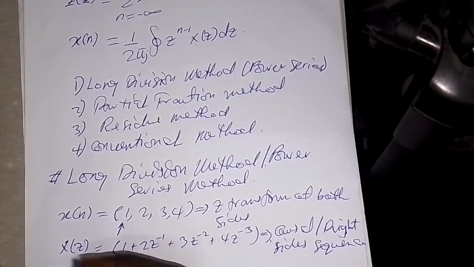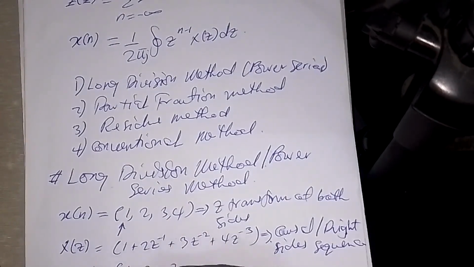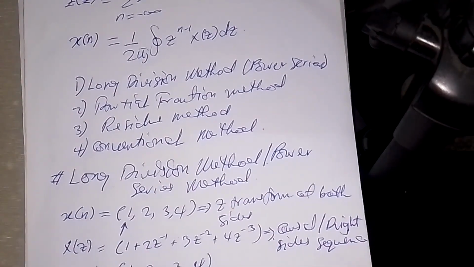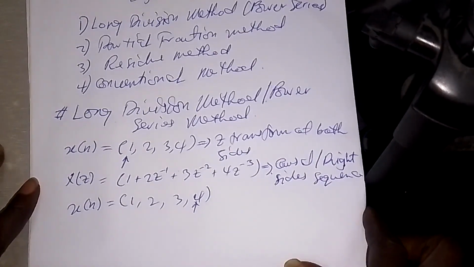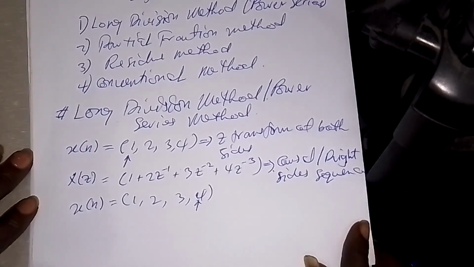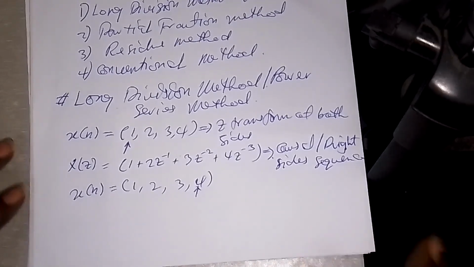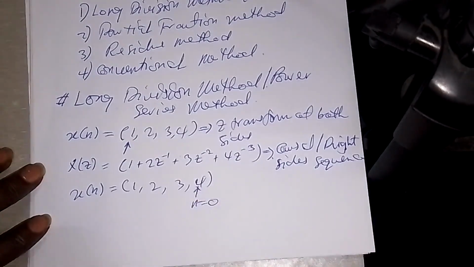What about if the sequence were like this? x of n equals 1, 2, 3, and 4, and the arrow was rather on this one. Here we are going to have a left-sided sequence, where you can see that all the powers are moving to the left, because here n is equal to 0 and they are all moving to the left.